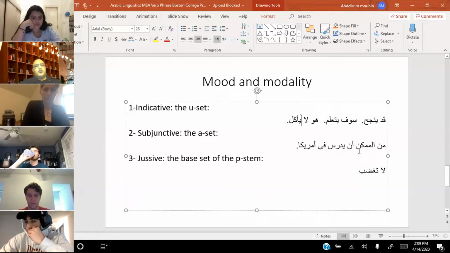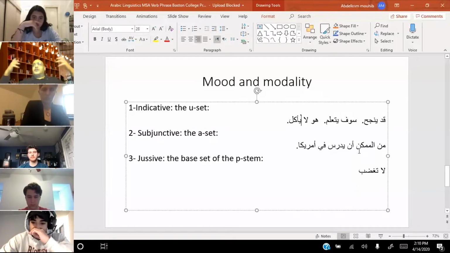But it shouldn't be a good example here because it's just a verb. It's not a verb phrase. It's just one word, right? So negating it, adding something, makes it a verb phrase. So what can you do to have a verb phrase in the jussive mood?